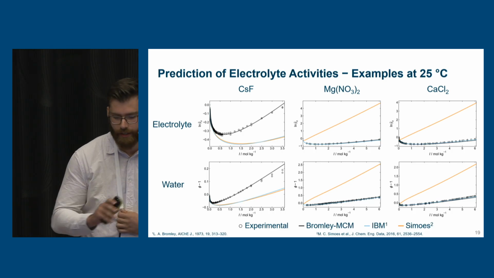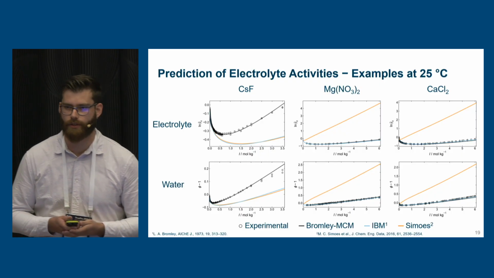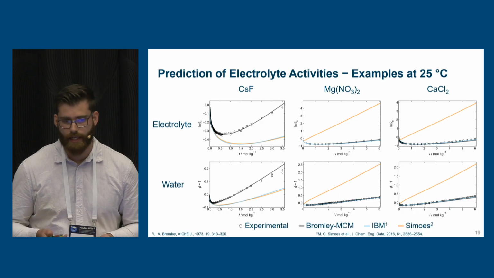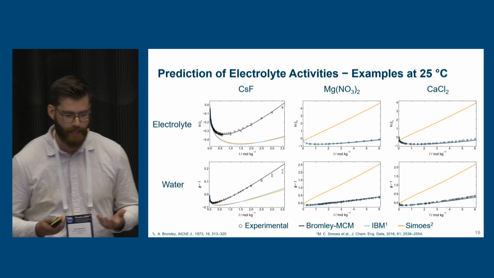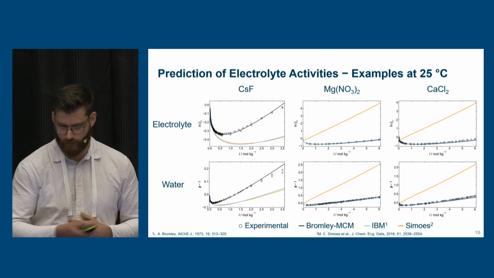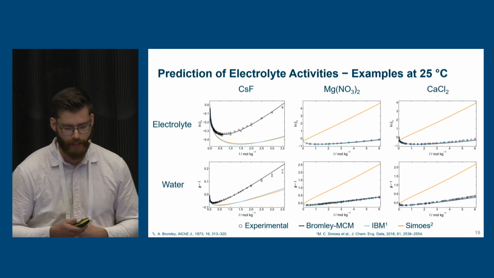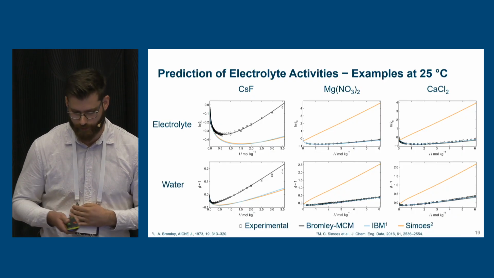And the blue and orange lines are basically the current gold standard models for the prediction of activities of unstudied electrolytes. And as you can see, our Bromley MCM manages to very accurately predict the activity coefficient across the concentration, and also manages to outperform these previously established gold standard models.